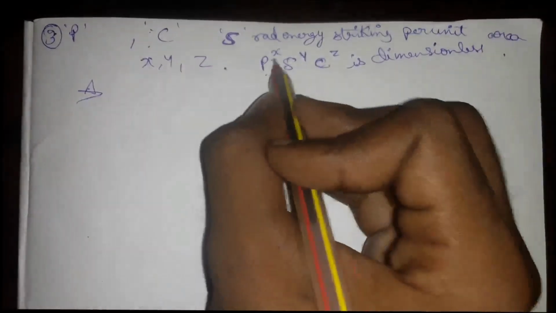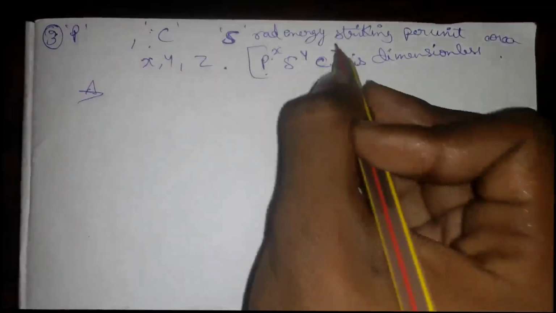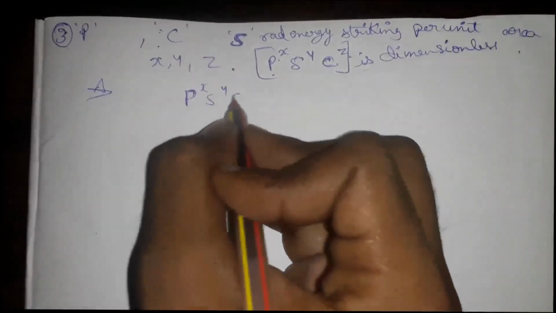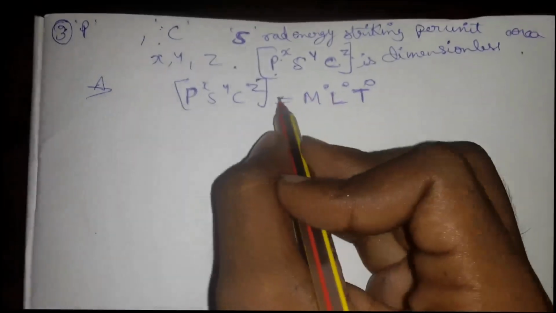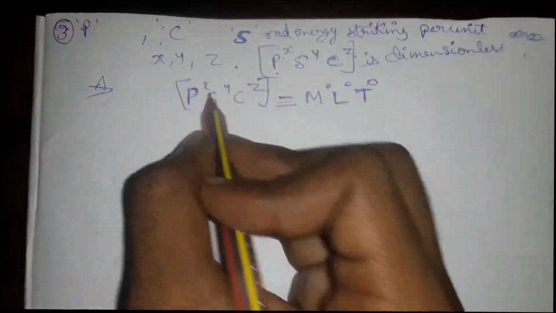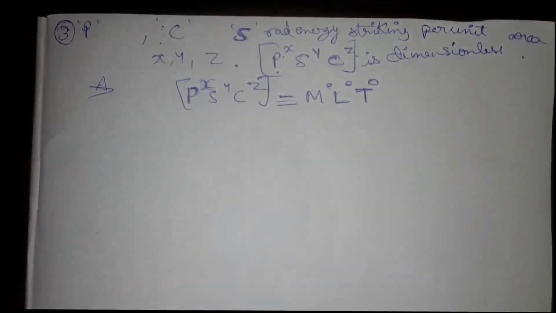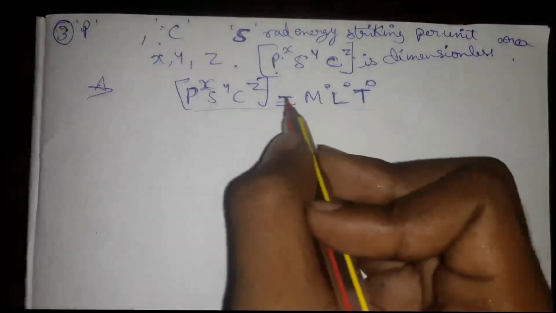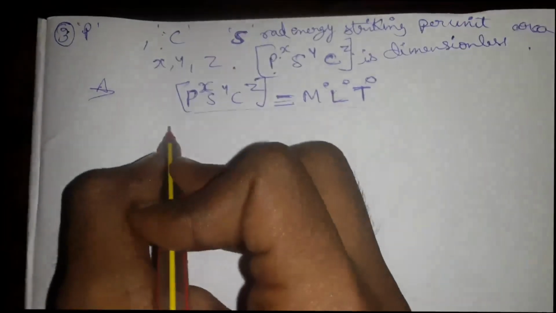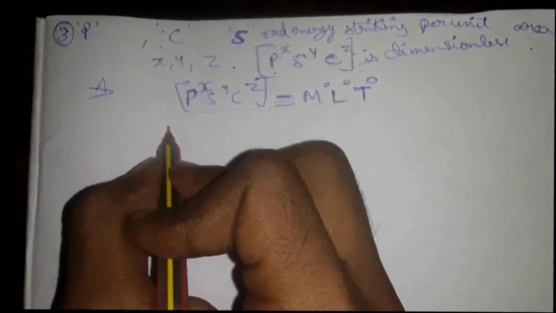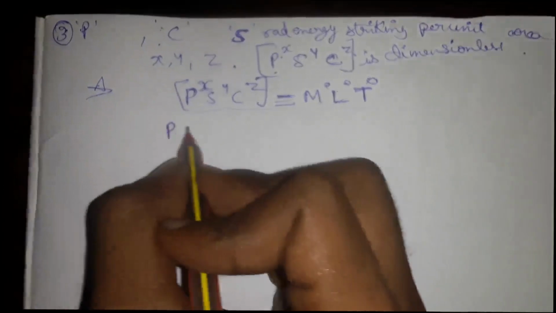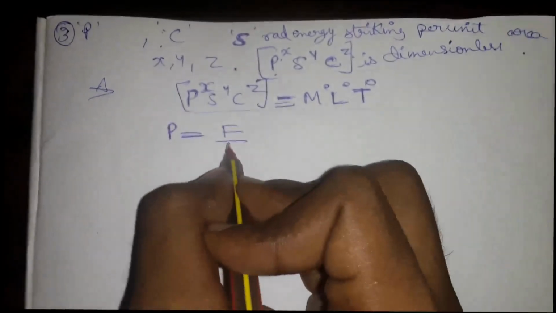We have to find the values of x, y and z such that the whole term should become dimensionless, that is P power x, S power y, C power z has no dimensions totally, not individually but totally. Let's start. P is pressure, and pressure means force per unit area.